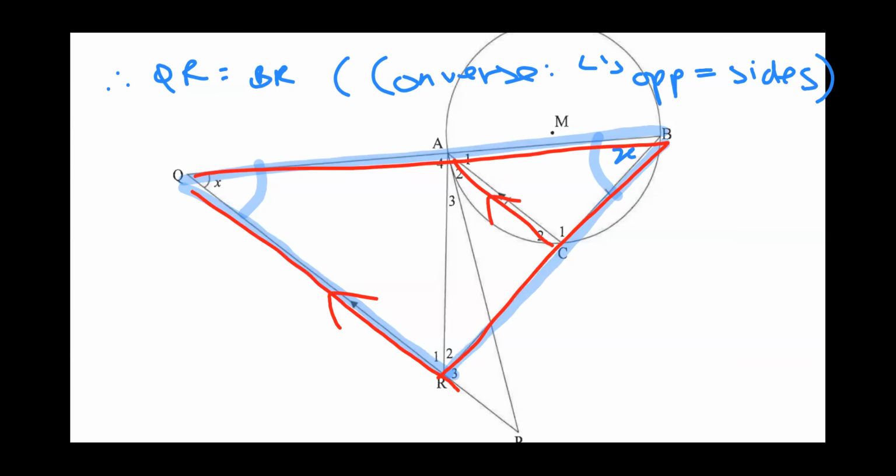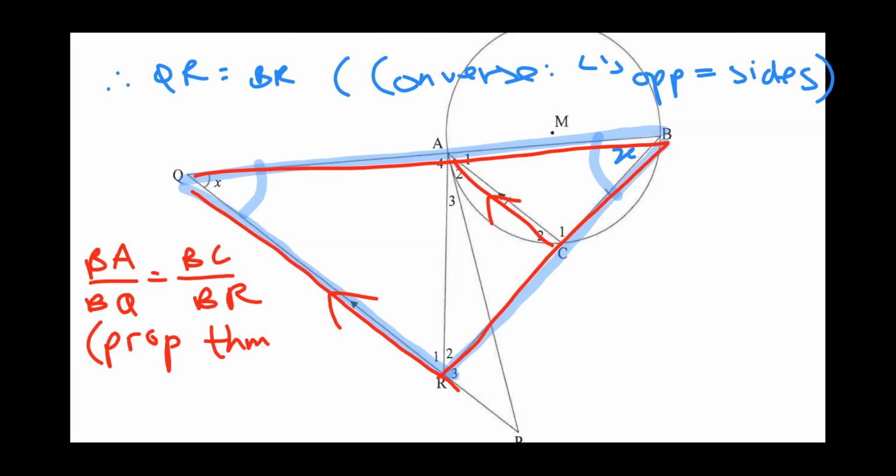Okay, so we now say BA over BQ, and this is equal to BC over BR. This is the proportional theorem, prop theorem. Let's also not forget to state which lines are parallel. AC parallel to QR. Okay, this is how you write everything down.